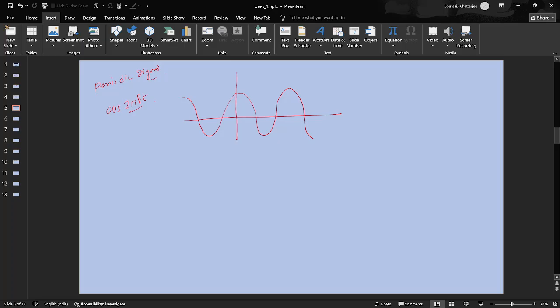And to specify a periodic signal, what are the parameters we need? Or maybe one or more than one parameters to specify a periodic signal. Something comes to your mind, like what may be the key parameter if I talk about a periodic signal?